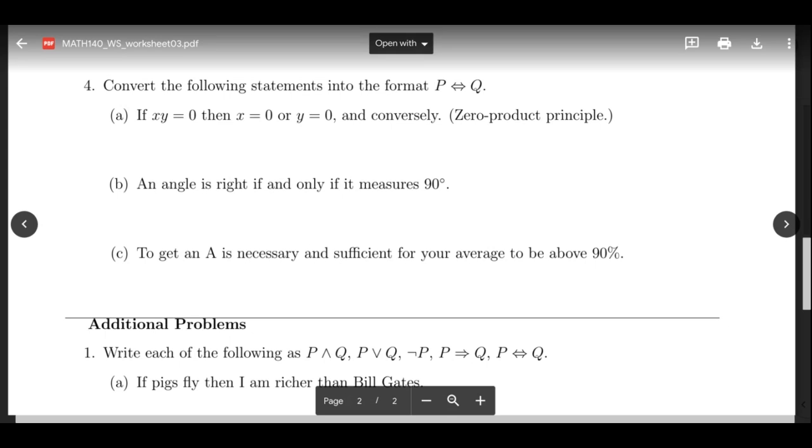To get an A, if and only if your average is above 90. You know, necessary and sufficient is another way of saying if and only if, right? You will see this, many mathematical proofs use this kind of sentence.